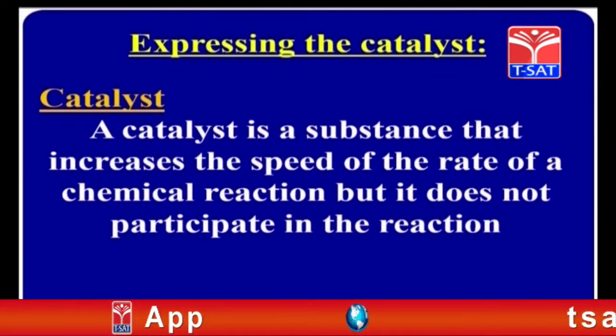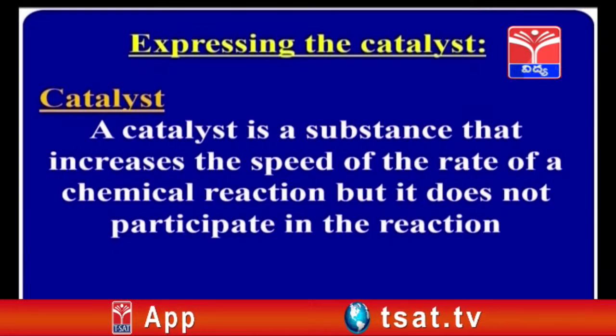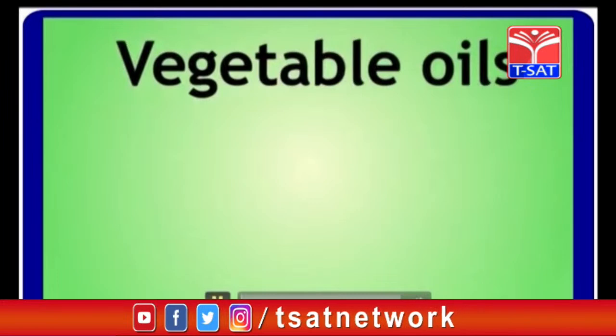I will repeat, a catalyst is a substance that increases the rate of chemical reaction, but it does not participate in the chemical reaction. Children, it is involved in the reaction, but it is not consumed. Without this catalyst, the reaction may take place very slowly. In the presence of this catalyst, reactions take place fast. So, that is a catalyst. Let us watch a video.